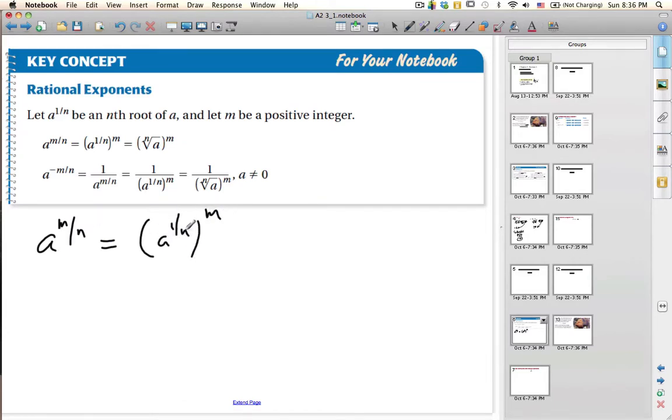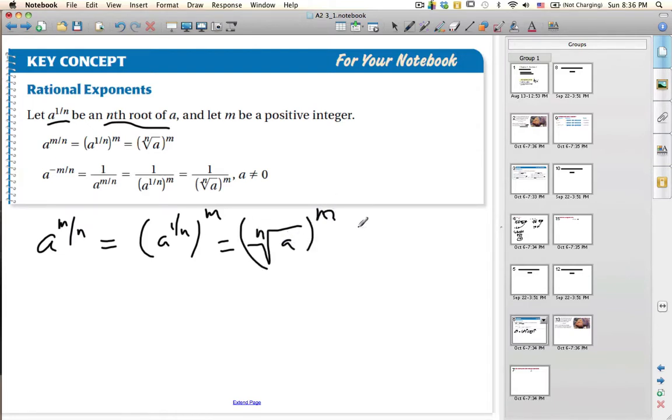So this is taking the power property where I've got a power being taken to a higher power. I multiply the exponents. You can see that m times 1 over n will give you m over n. And we're saying that a to the 1 over n is the nth root of a. So then we're going to have the nth root of a to the m power.